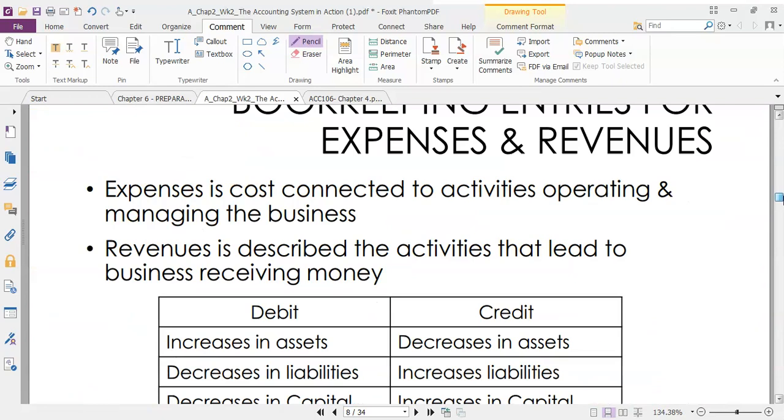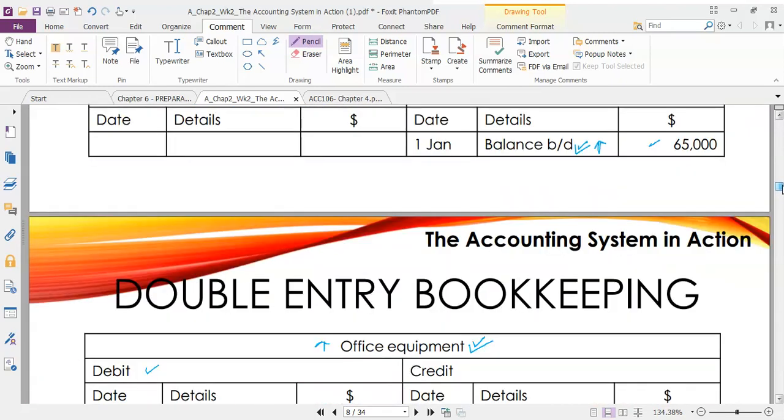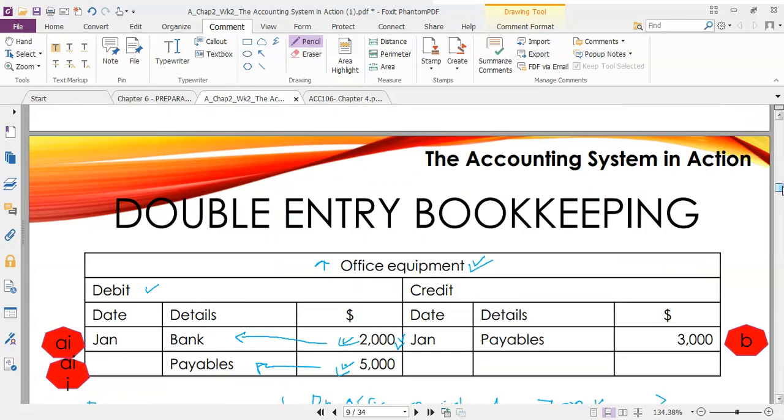Kalau kita pulangkan balik, kita nak record dekat mana kelas? Dua benda kita kena record. Yang pertama, mula-mula kita ada office equipment 5,000, betul tak? Yang kita masih berhutang, amount dia RM5,000 lagi kan? RM5,000 campur dengan RM2,000 ada RM7,000.